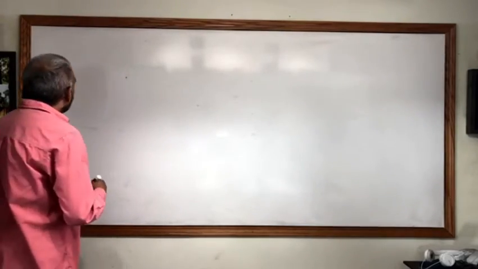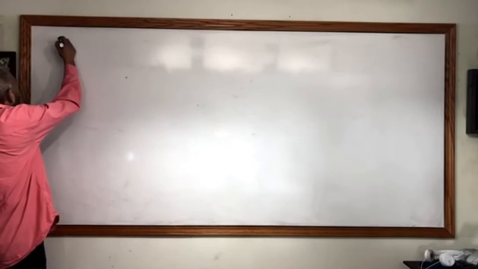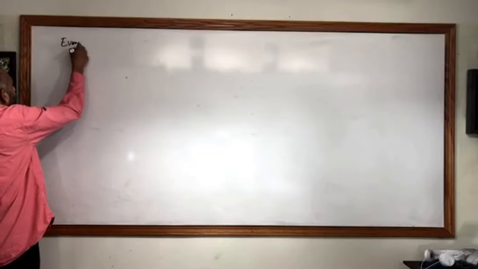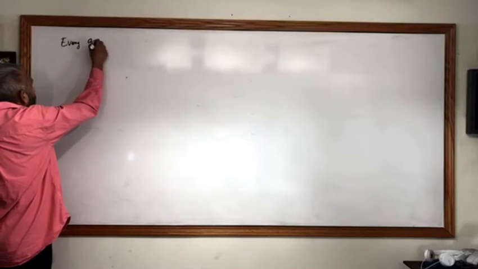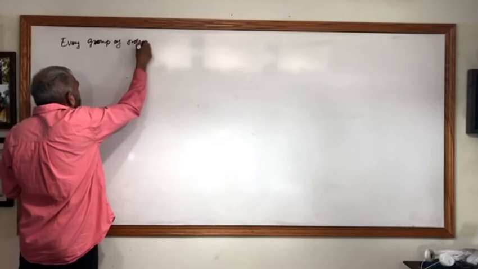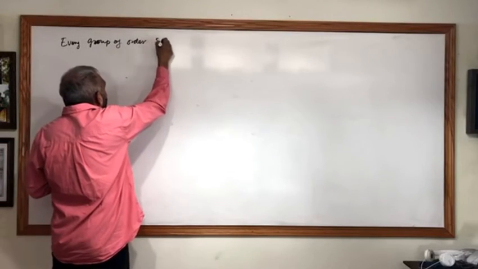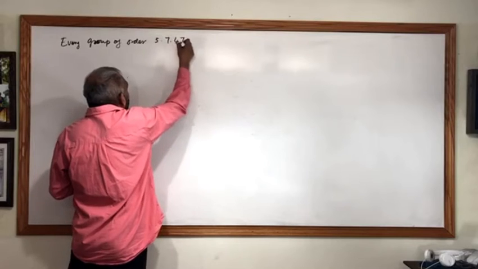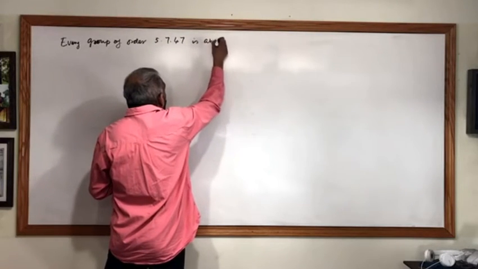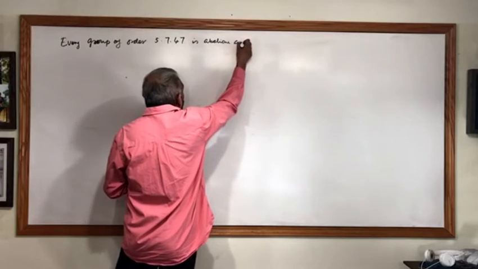Our next problem is this. Every group of order 5 times 7 times 47 is abelian and cyclic.